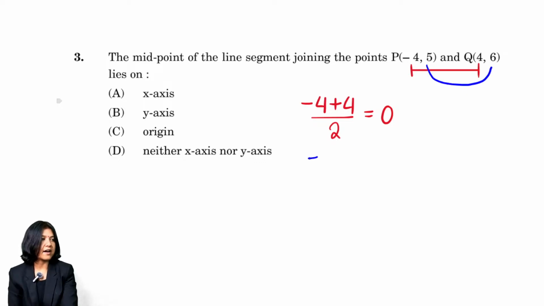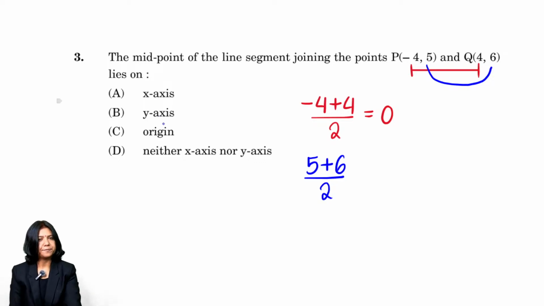Okay, 5 and 6 are the two y coordinates given to you, so divided by 2. If you look at the options, they're not asking for the value here. They are just telling you which line it lies on. So obviously 5 plus 6 is 11, by 2, 11 by 2 is the y coordinate.